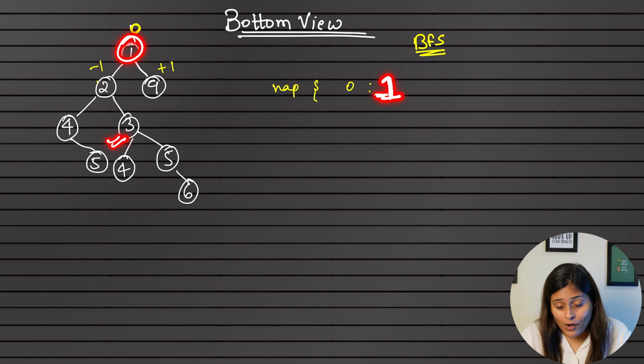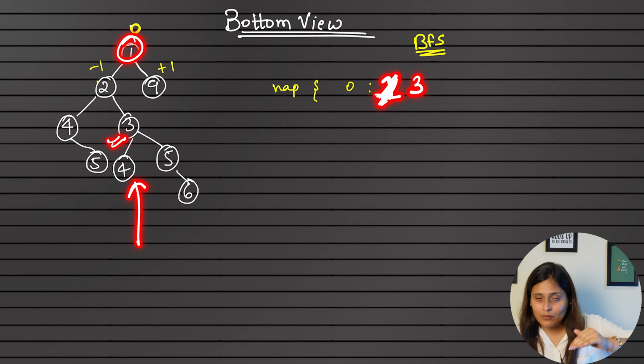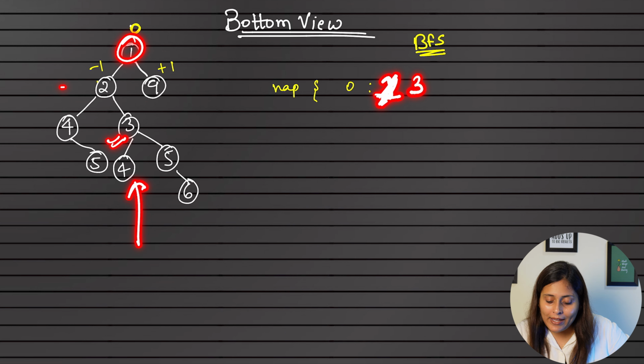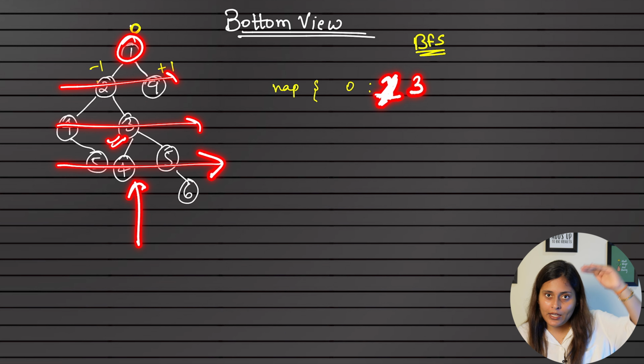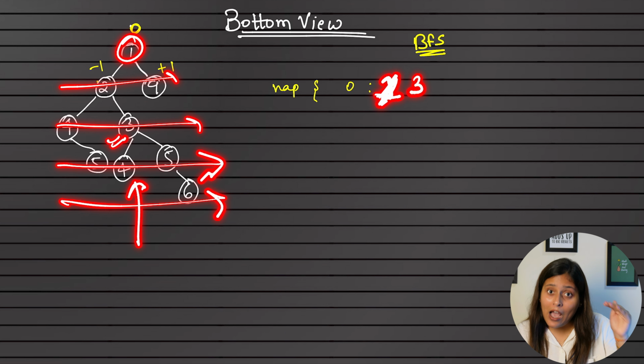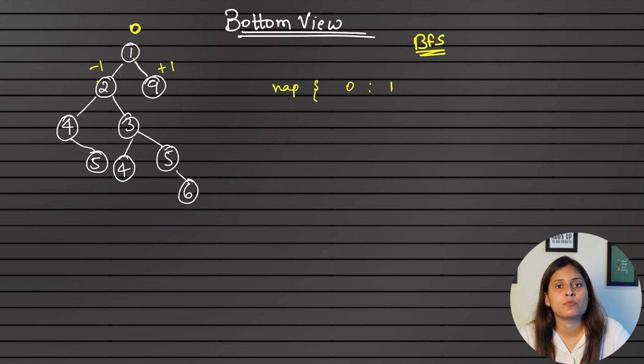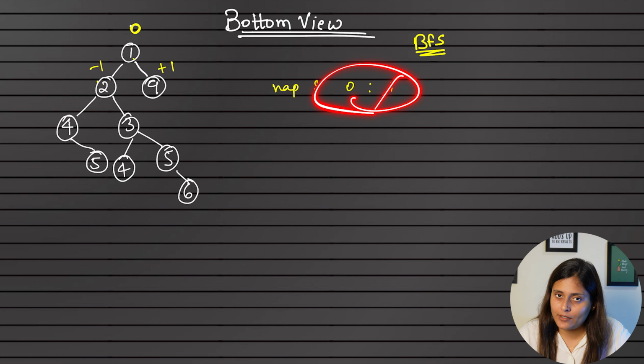Now again for 3 you find, so override the 1 with 3, because we have to check for the bottom. When we are traversing level wise, we are going downwards, and if in the downward direction you find any other node for the same vertex, then definitely that downward node will be visible. So it is very important to update it.